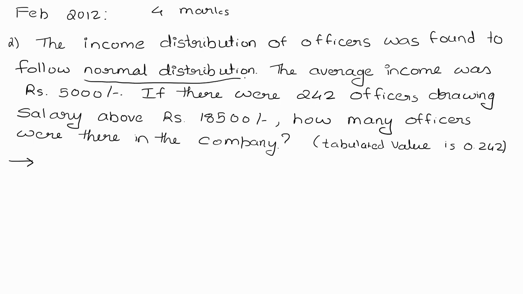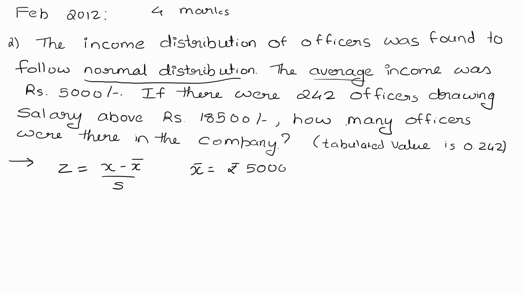With the words normal distribution, we know that we need to use this formula: z is equal to x minus x bar upon s. Now let's see what else is there. The average income was rupees 5,000. With this word average itself, we know that x bar is equal to rupees 5,000.